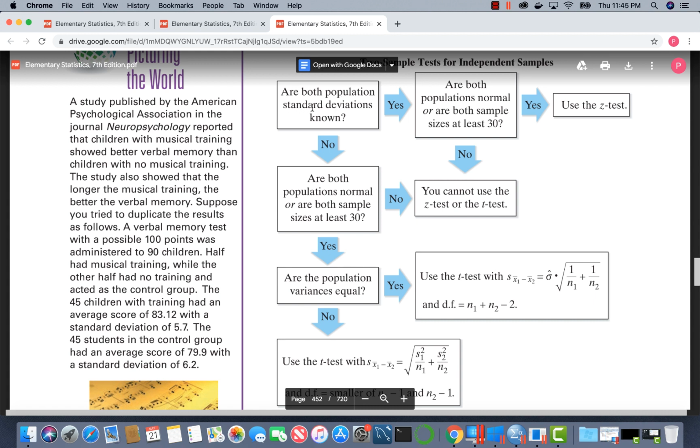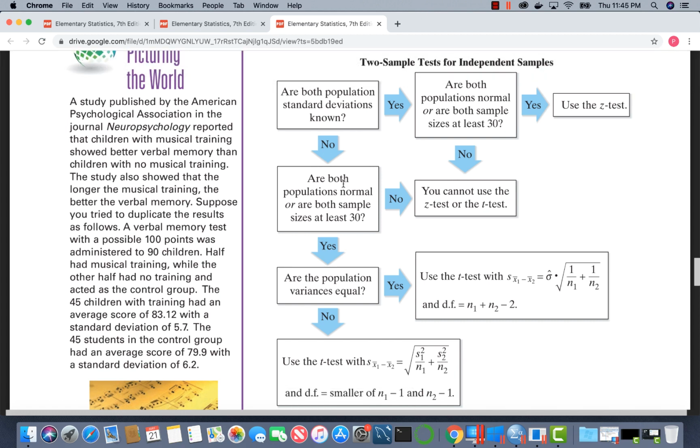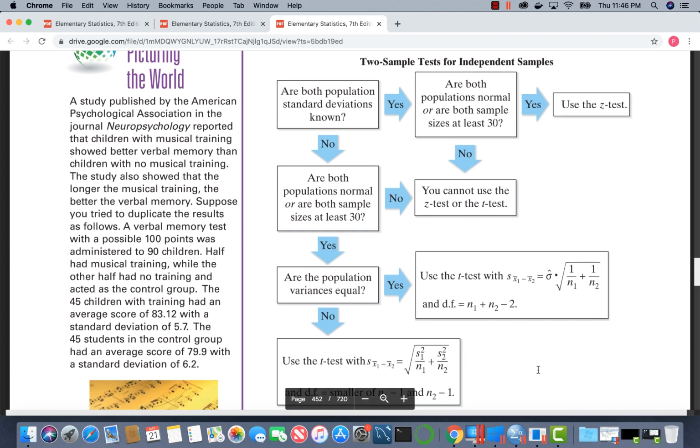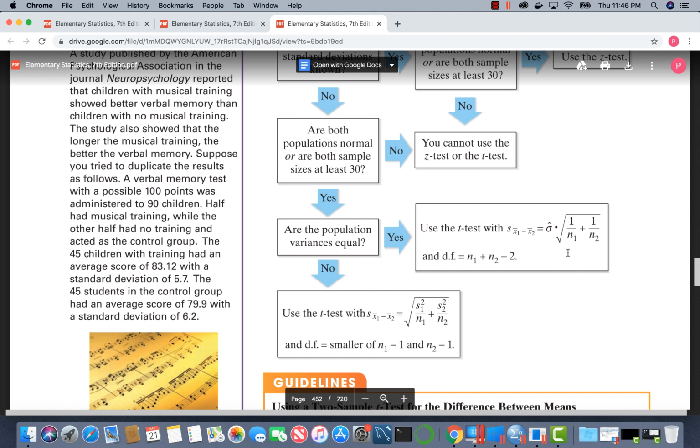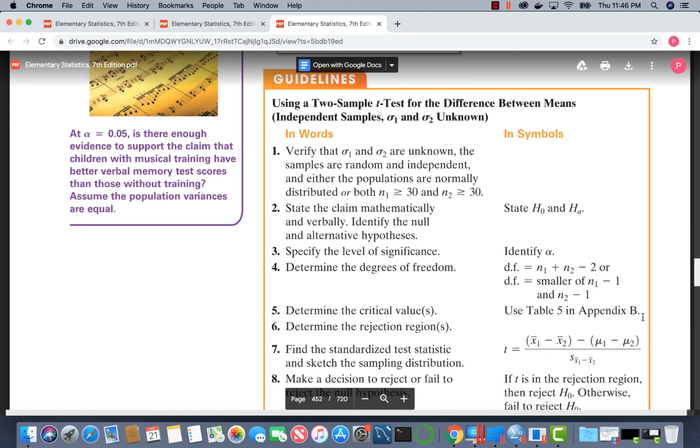If both population standard deviations are unknown, then we proceed this way. And let's say the two samples are either normally distributed or have sizes of at least 30, we can proceed this way. And here's where we have to make the decision. If the variances are equal, we proceed this way. If they're unequal, we proceed this way.